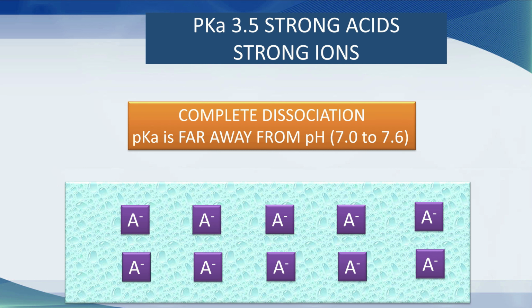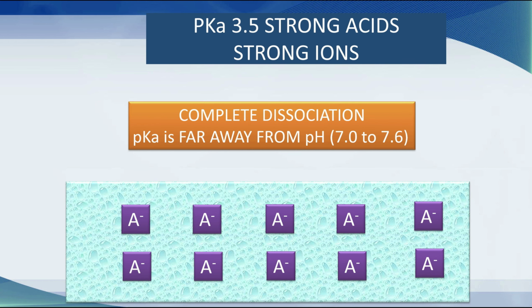You may be surprised also to hear that chloride is functionally the same thing. Hydrochloric acid is fully dissociated at all physiologic levels of pH. When we talk about these fully dissociated particles, because they cannot be associated into salts in living beings, we call them strong ions.